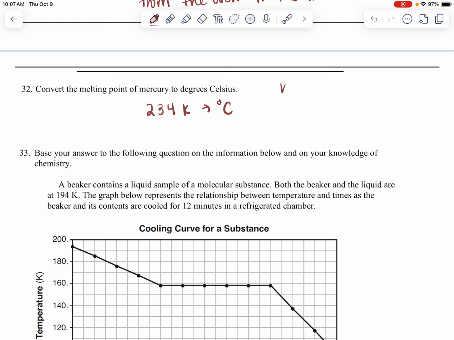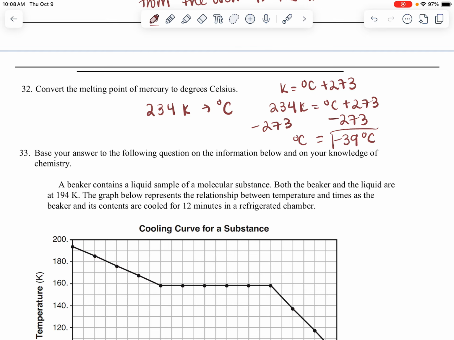So I'm going to use table T. I'm going to use my equation. Take the time to double check you have it right. It's 234 Kelvin equals degrees Celsius plus 273. So I can subtract 273 on both sides, and I get that degrees Celsius equals negative 39. All right, that is my final answer.